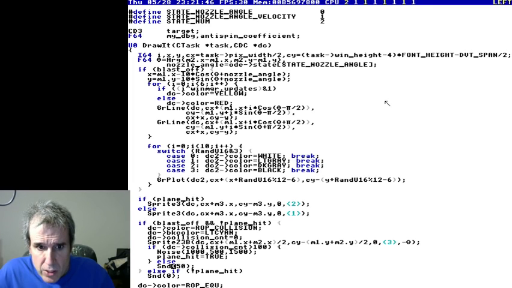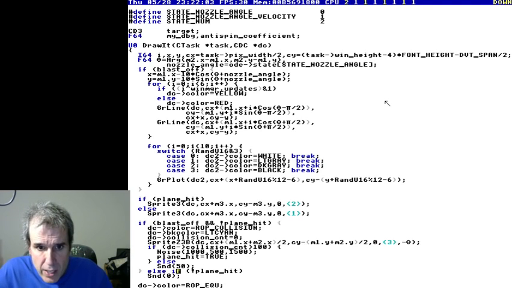Anyway, so sound, we're setting a, I think this is a 50 hertz. If collision is greater than 100, plane hit. Oh, this is just the rocket engine has a tone when it's flying, and if the plane is not hit, that's kind of weird.